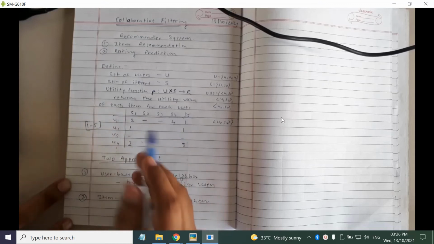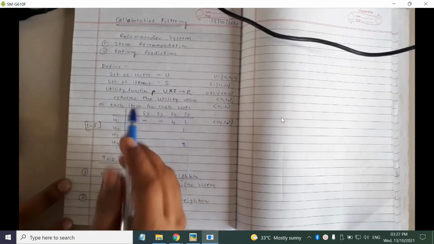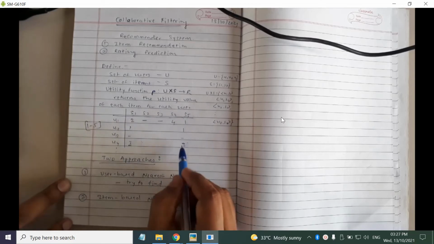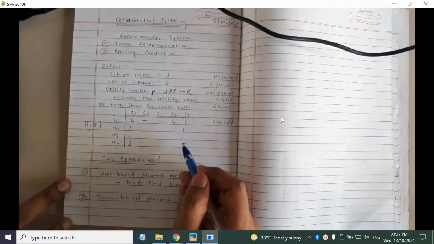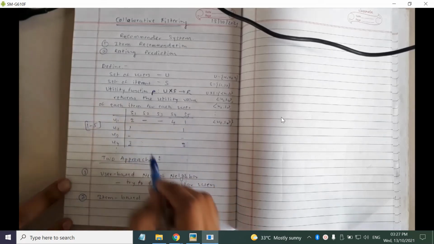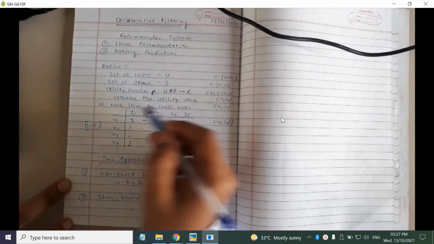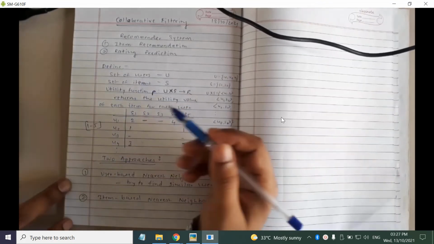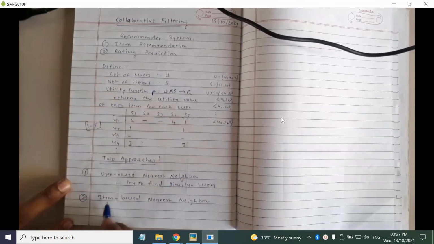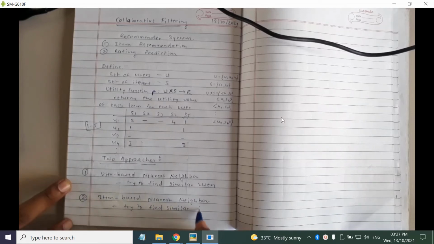If I find the k nearest neighbors, the k set of such items, I can take a mean or a mode value, thereby I can complete this table. If I get this entire table, then I can do the recommendation in a much better manner. So this is item based nearest neighbor, where we try to find similar items. In order to find the similar users or similar items, we'll be using the k nearest neighbor algorithm.